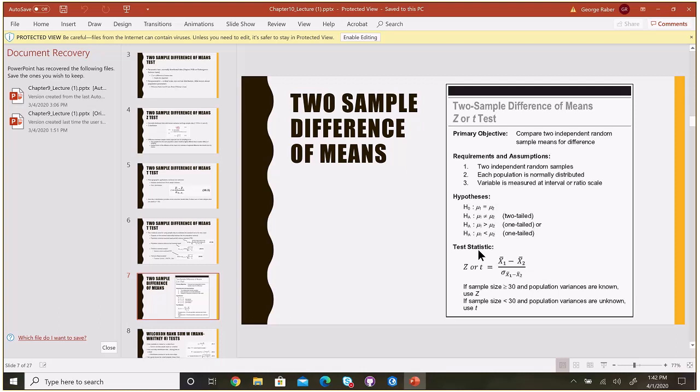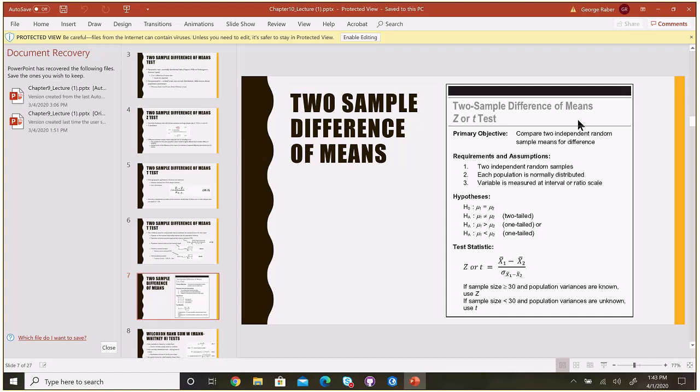Okay. Now the test statistic will always involve creating a p-value, and what we're going to do going forward is the software is going to calculate a p-value for you, so you just need to interpret the p-value. Okay. All right. So with the difference of mean test, you're comparing two independent random sample means for difference.